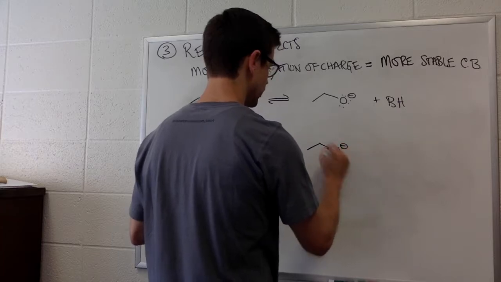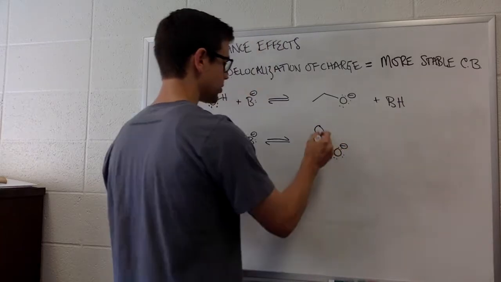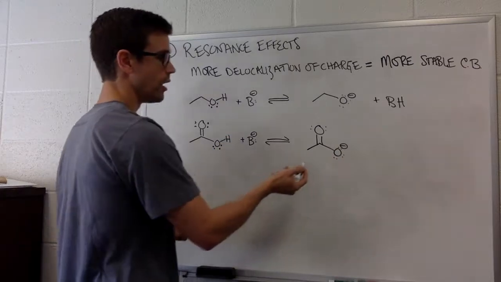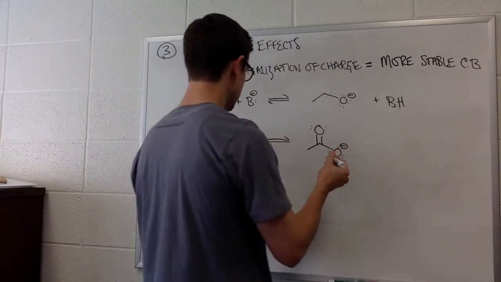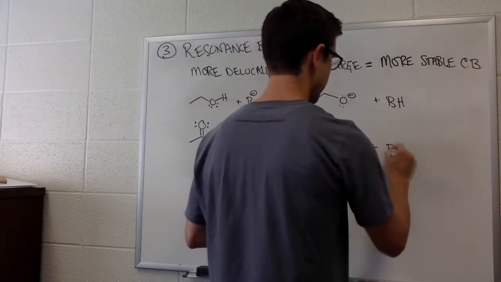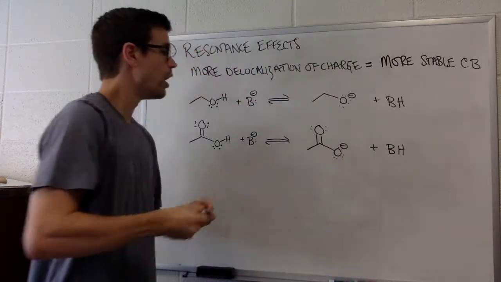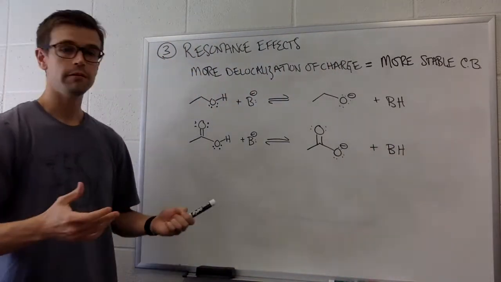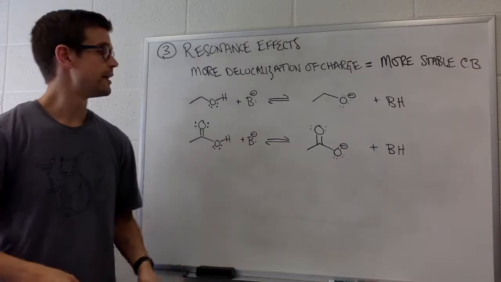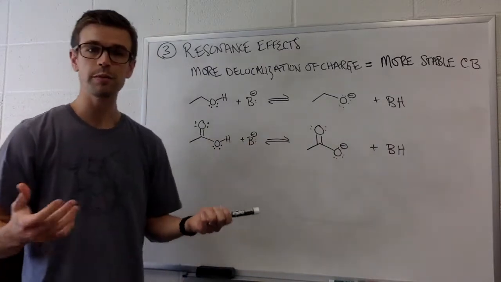And it's very important that we're following all of our electrons, or we're counting them. To have that negative charge, we need 3 lone pairs, and then we have BH here as well. So now it appears at first glance that we have 2 molecules that are pretty much the same.